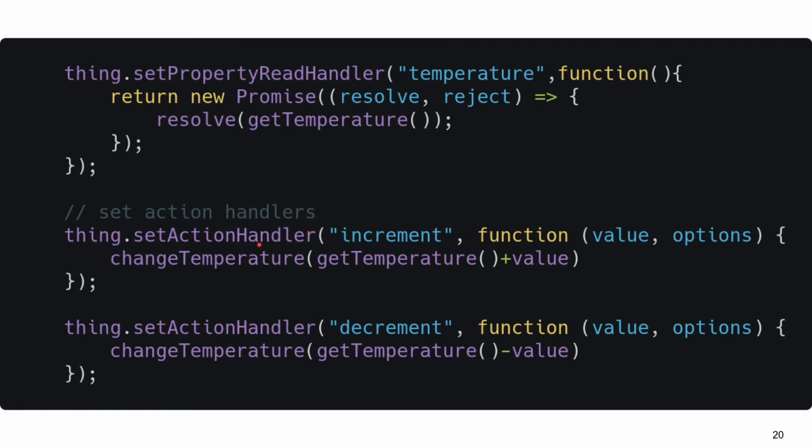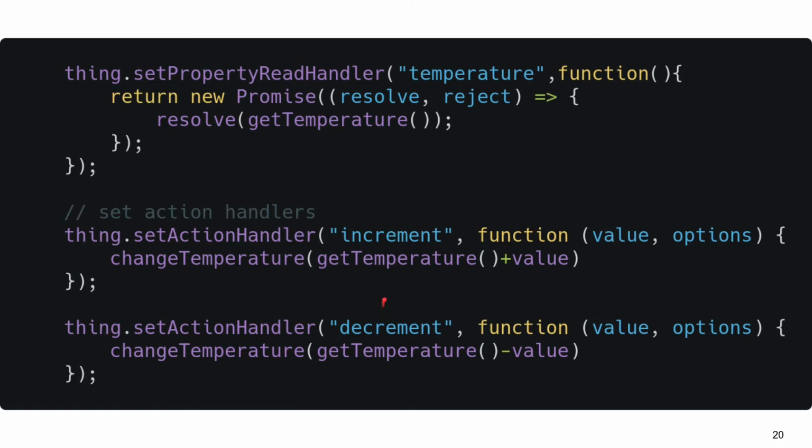Similarly, for the action handlers, when an invoke action request comes for the increment, I will call this function specified here, and the value is what is coming in the input. So what we describe in the input field in the thing description, and options are other extra options such as your URI variables.